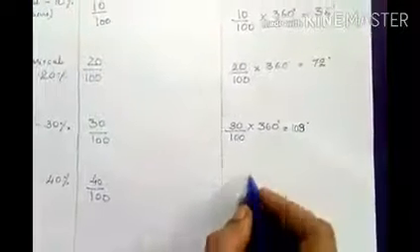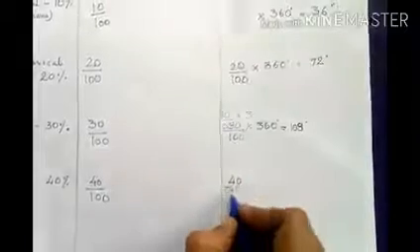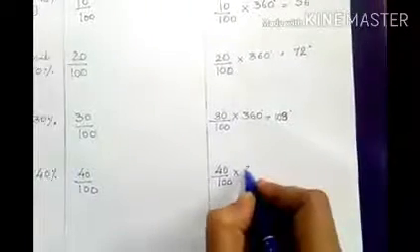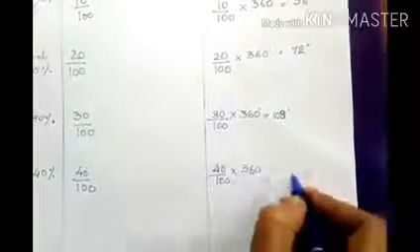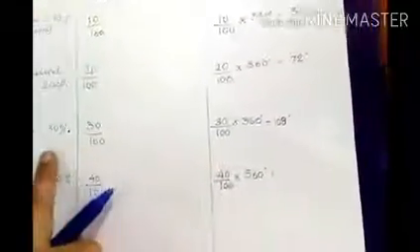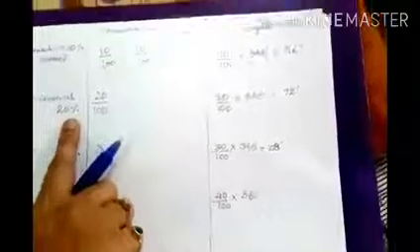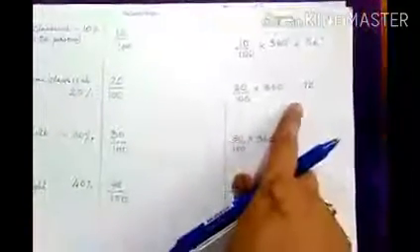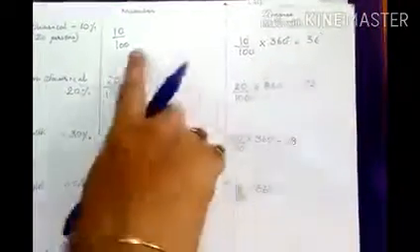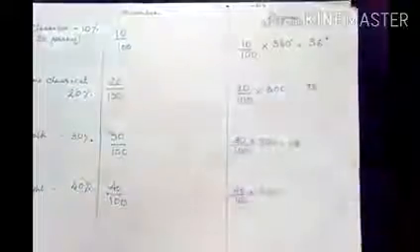Converting this in the similar manner, 40 upon 100, multiply it with 360 degrees and you will get what degrees. Remember, always 30% will be 108 degrees, 20% will always be 72 degrees and 10% will always be 36 degrees.